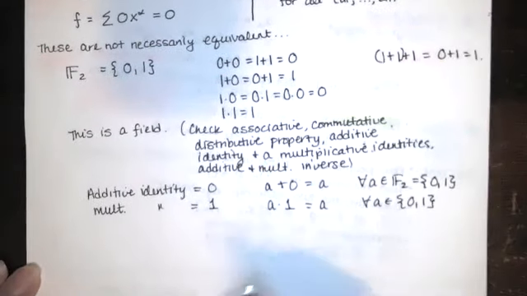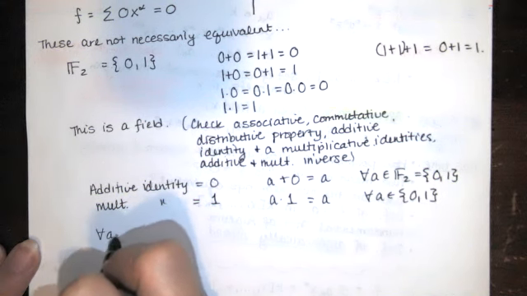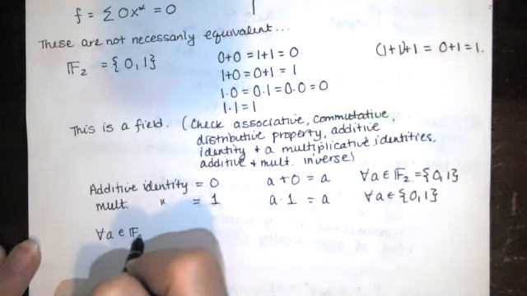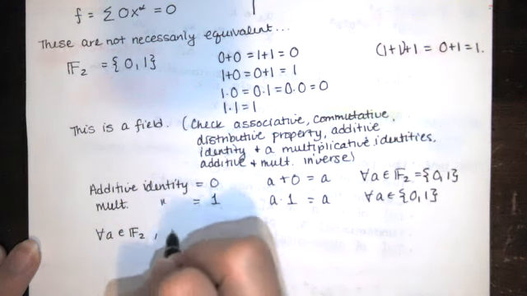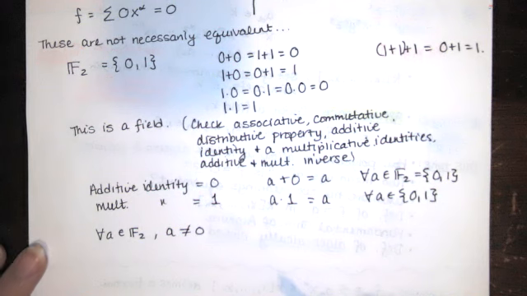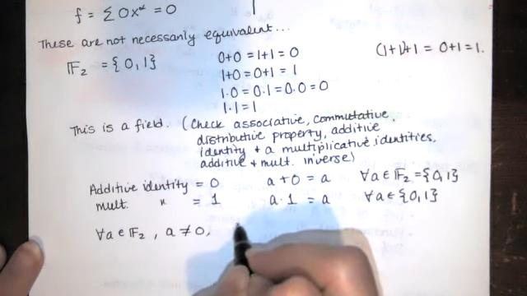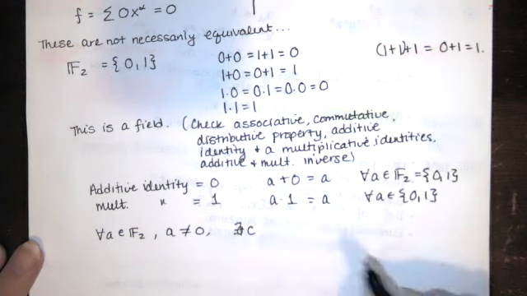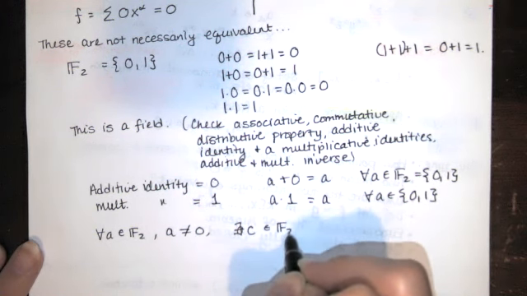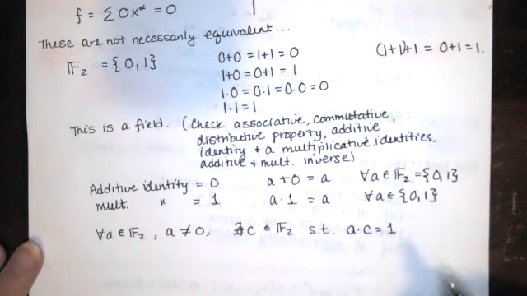When you're talking about multiplicative inverses, this is what it says in the axioms for a field. They say for all A in the field that you're looking for, where A is not equal to the additive identity, which we typically denote by the 0 element, there exists a number C in that particular set such that A times C is equal to 1.